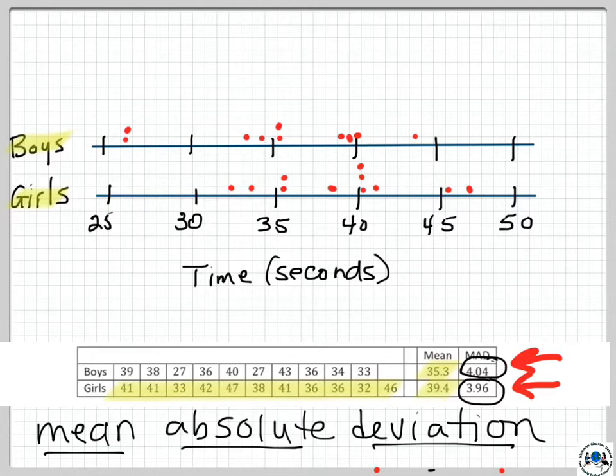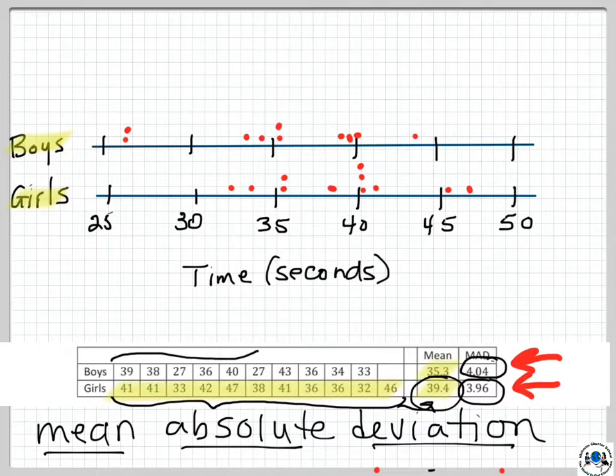So you're getting an average difference that all of these, in the case of the girls, these 11 have from this. With the boys, same thing. You're trying to find the average difference of all of these compared to that mean.